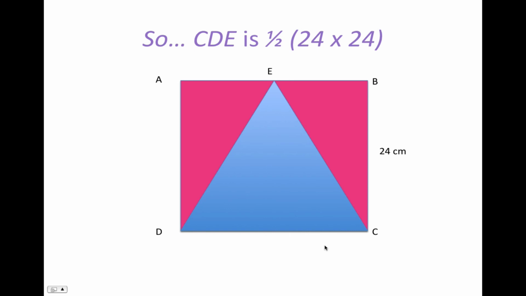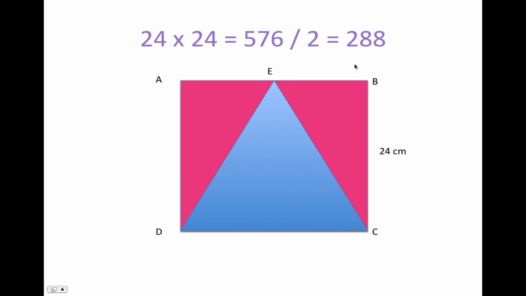So CDE is 24 times 24, and that equals 576. And then we're going to divide 576 by 2, and that equals 288. So the area of the blue shaded triangle is 288 centimeters. Make sure you put the cm up there.